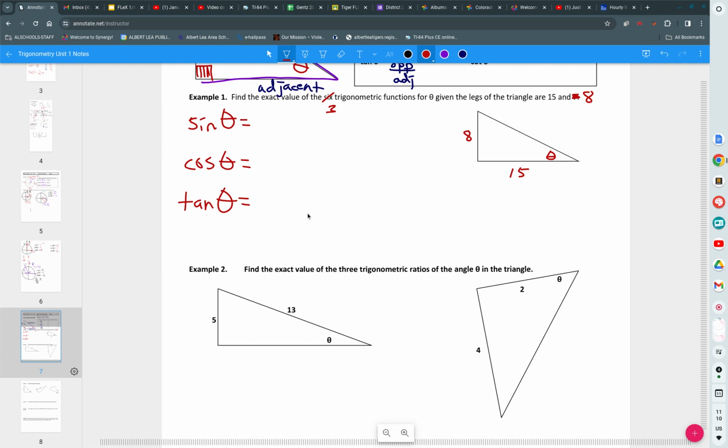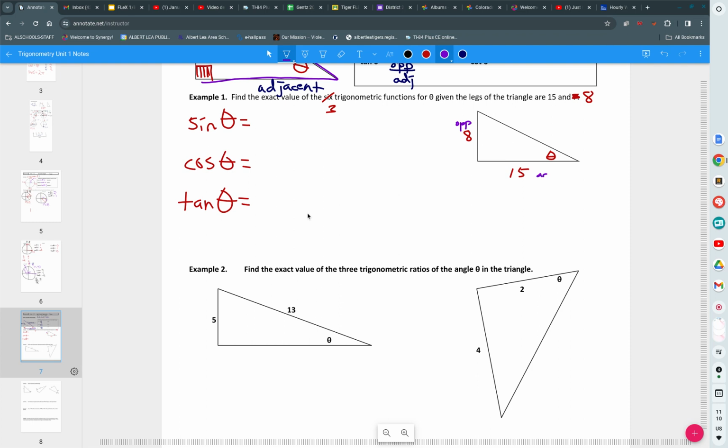So now I look at my triangle and I try to label the sides. 8, is that the opposite, the adjacent, or the hypotenuse? This is the opposite. 15, is that the adjacent or the hypotenuse? Adjacent.